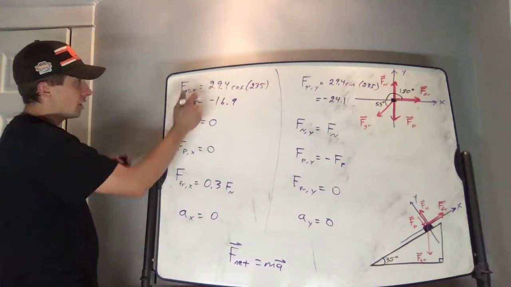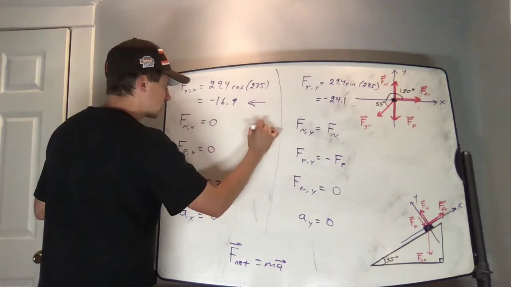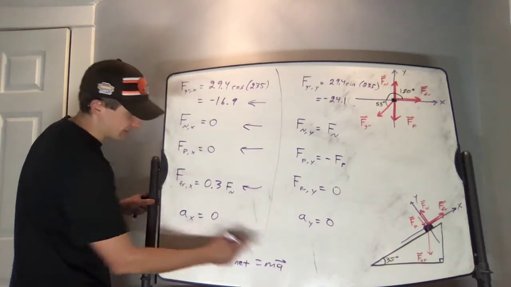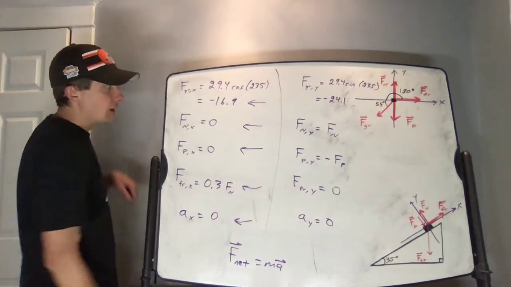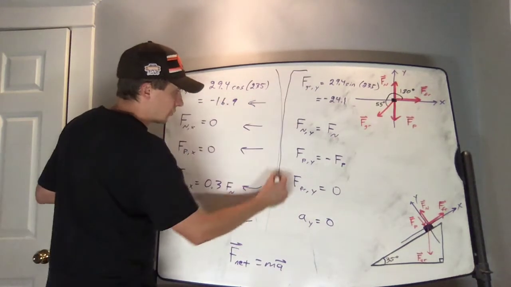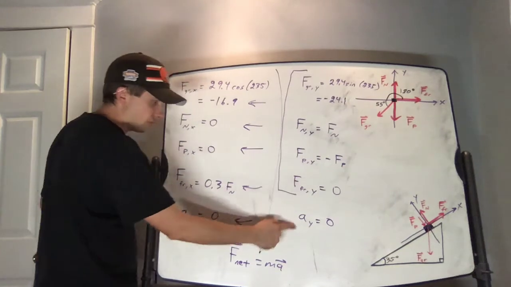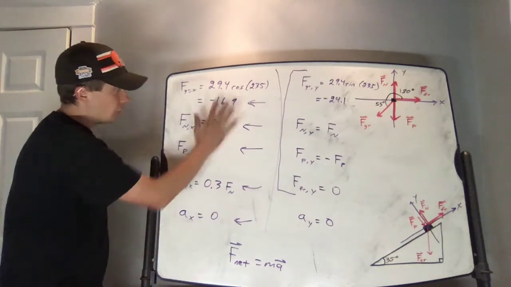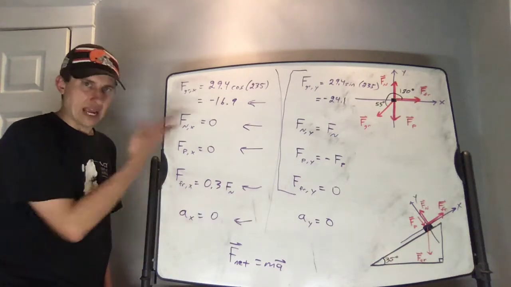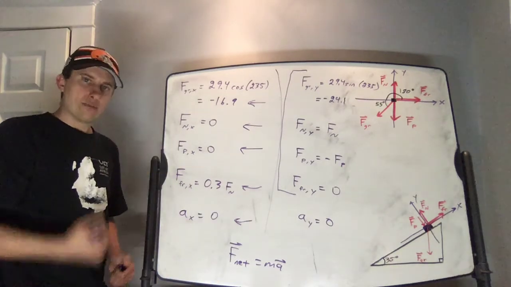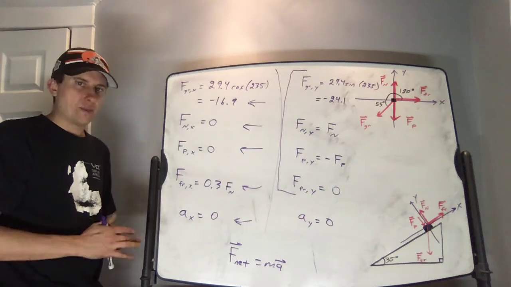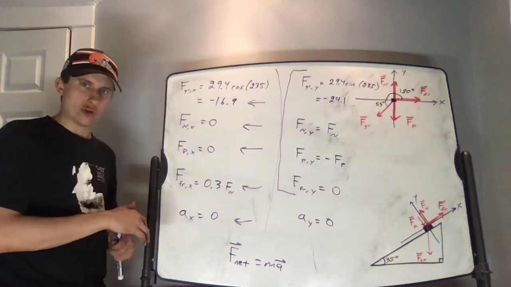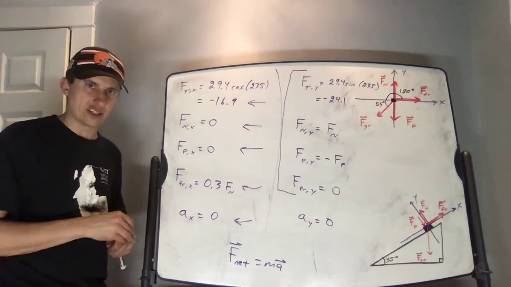One equation: all the forces in the x direction have to add up to mass times the acceleration in the x direction. All the forces in the y direction have to add up to mass times the acceleration in the y direction. When I write out all the forces in a table like I did here, I am completely done with the physics of this problem. I can just turn my brain off and go through the arithmetic of this problem.